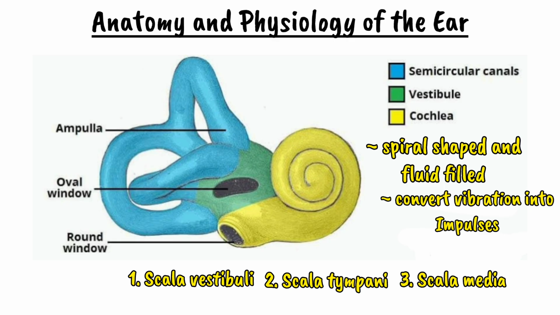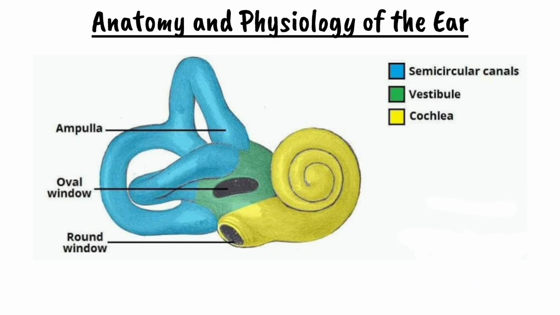So, higher frequencies stimulate hair cells near the base of the cochlea, while lower frequencies stimulate those near the apex. The movement of these hair cells triggers electrical signals that travel via the cochlear nerve to the brain, where they are actually interpreted as sound.